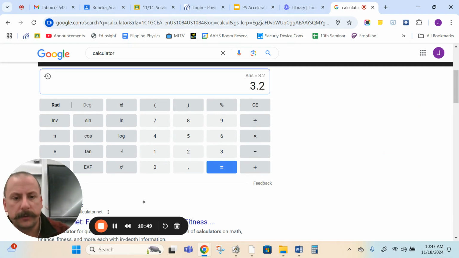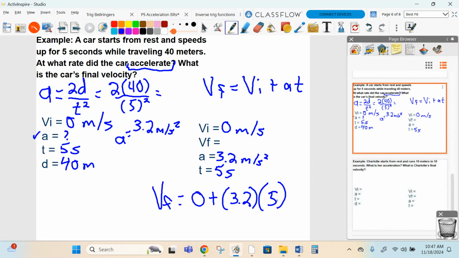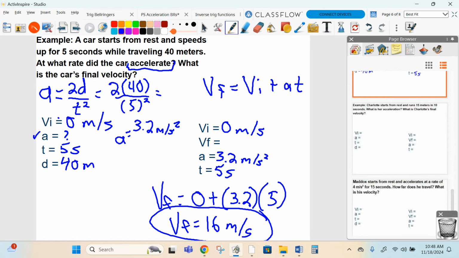So 3.2 times 5 is going to give me a final velocity of 16 meters per second. So using this new equation to solve for the acceleration, then using one of our other ones to solve for another variable. Let's check out our last two more examples.